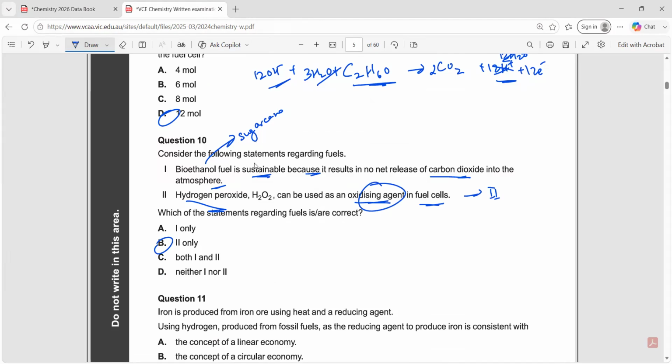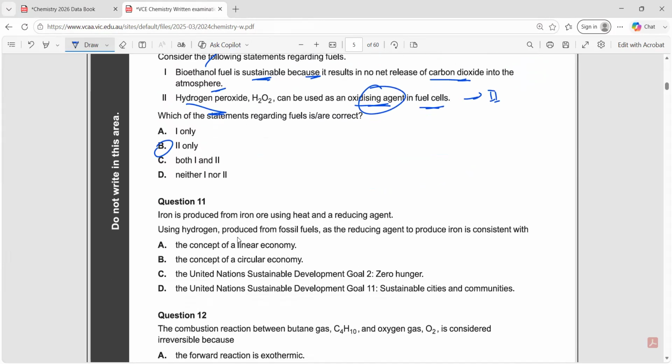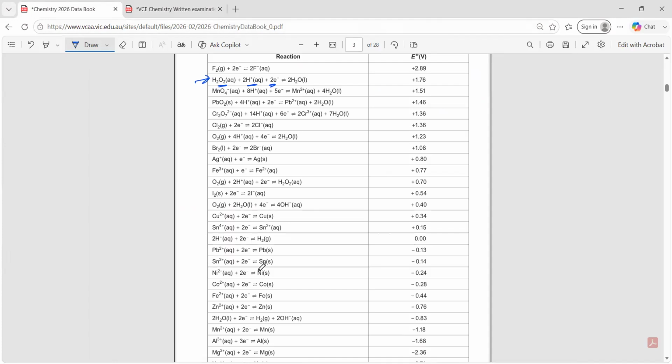Iron is produced from iron ore using heat and a reducing agent. Using hydrogen as a reducing agent to produce iron is consistent with the concept of a circular economy?